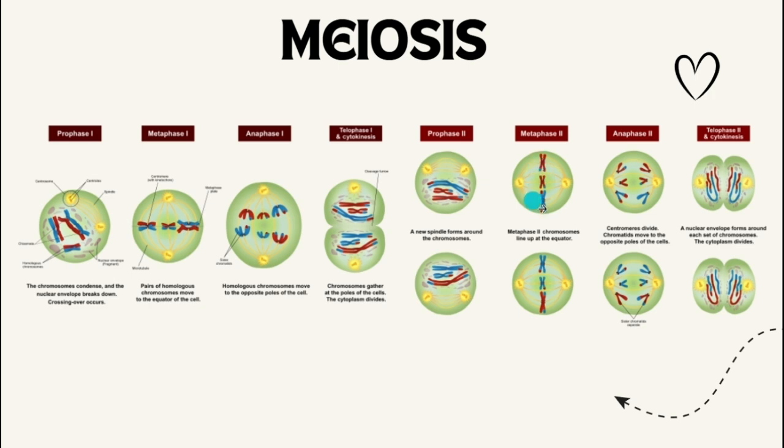Metaphase 2, these are chromosomes lining up at the equator. In metaphase 1, we had homologous pairs, tetrads, lining up at the equator, with 4 chromatids, 2 chromosomes. Here we have 2 chromatids and 1 chromosome lining up at the equator, and as you can see, in metaphase 2, they line up more vertically.